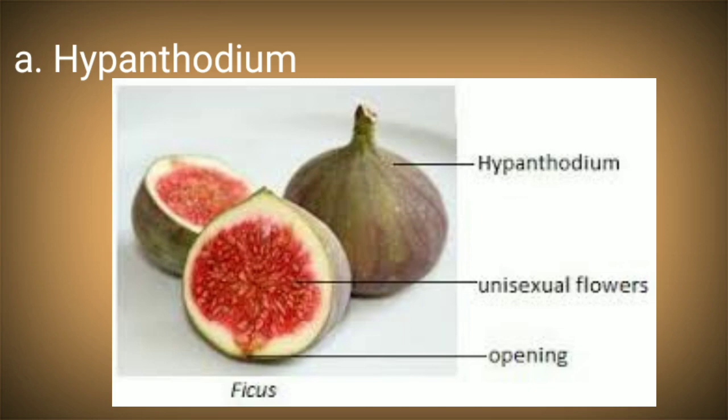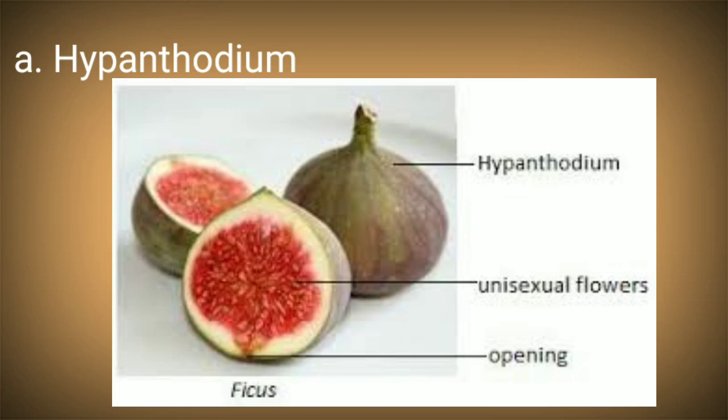As we know, in case of the racemose inflorescence, the main axis may get condensed to form a flat structure which we call the receptacle, and it was found in case of sunflower stem. Now in case of the Hypanthodium, the receptacle takes the shape of a cup or flask-shaped structure which totally gets enclosed, and in that enclosed receptacle the flowers are borne, and they have only a small apical opening.